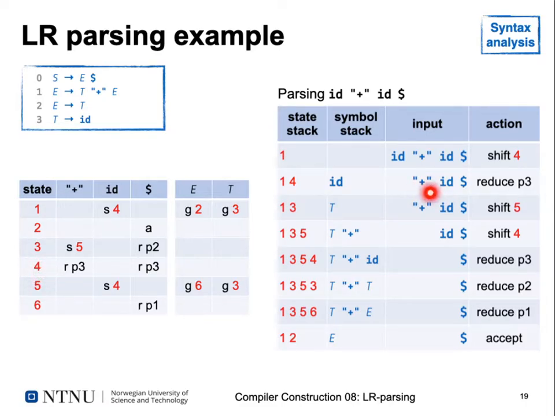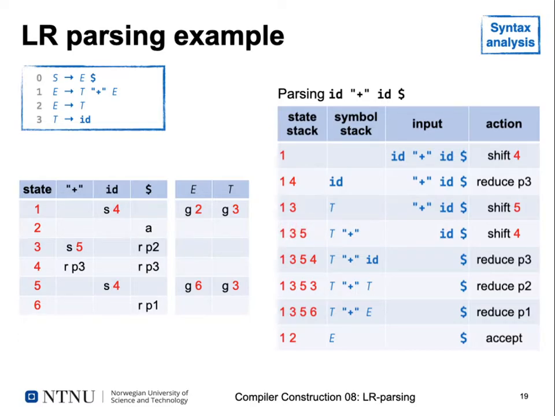Our next input token is a plus. So state number 4 and plus means we reduce according to production P3, which is that one above here. So it reduces an ID to a T symbol, and that's exactly what we do here. And we end up in state 3 then.